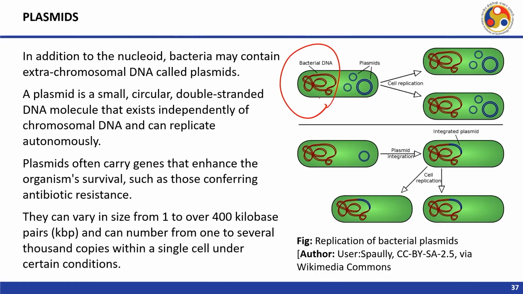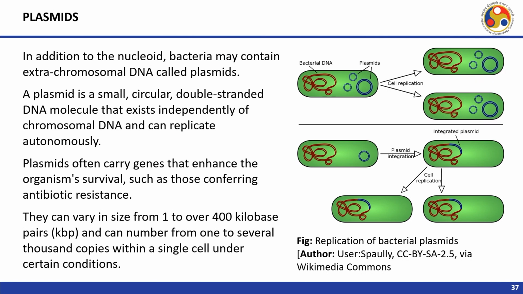Plasmids often carry genes that enhance the organism's survival, such as those conferring antibiotic resistance. So, here you can see the main bacterial DNA, and these are the extrachromosomal DNA known as the plasmids. When a cell divides into two daughter cells, the main DNA is divided among the two daughter cells, and the plasmid DNA also undergoes replication and is divided into the two daughter cells.